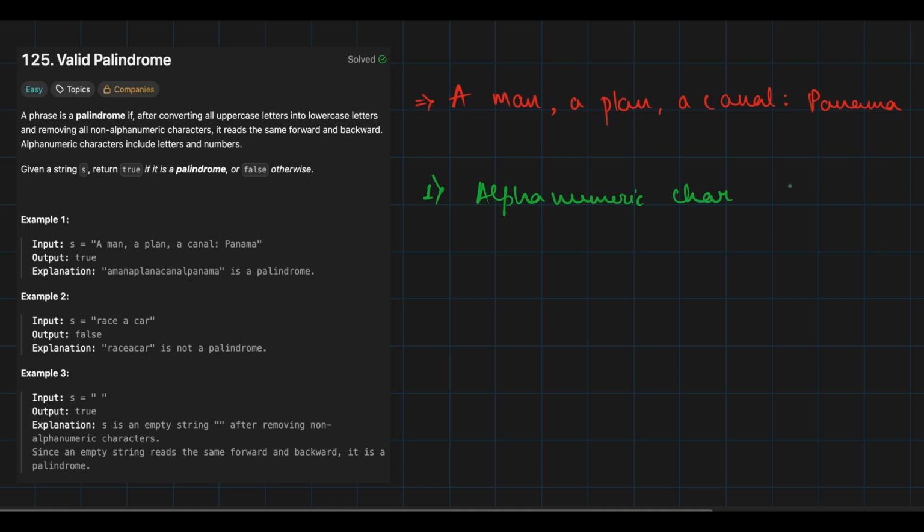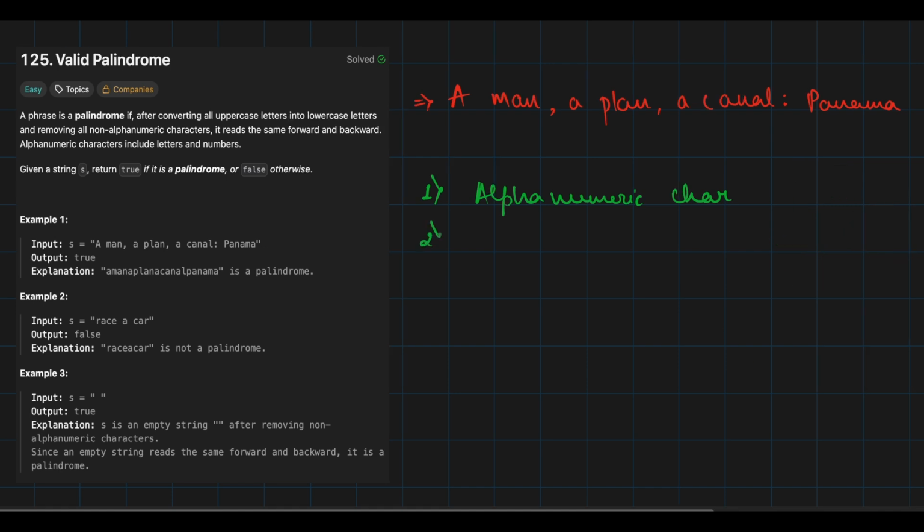Any character that is from A to Z and 0 to 9 is an alphanumeric character. So suppose a dollar, a comma, a colon, or an at is not alphanumeric. So if we find these symbols anywhere inside the string, we need to ignore it and move forward.